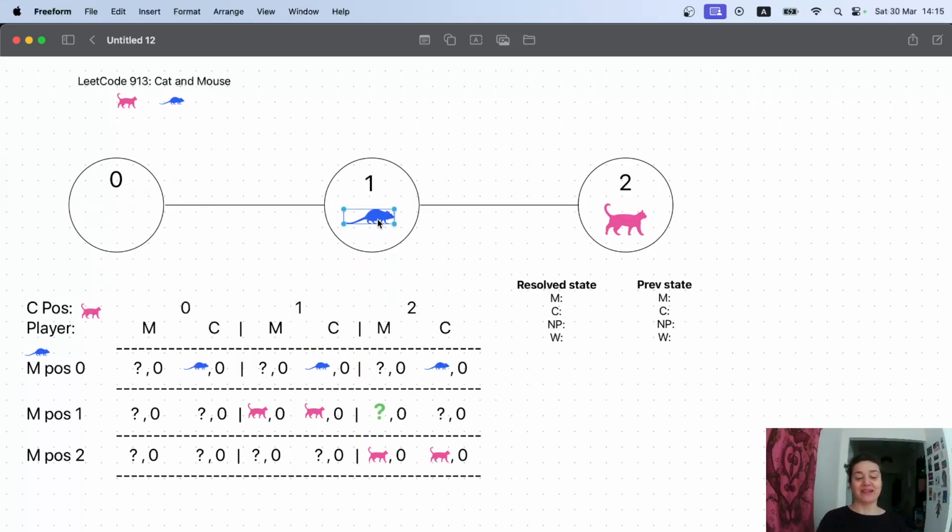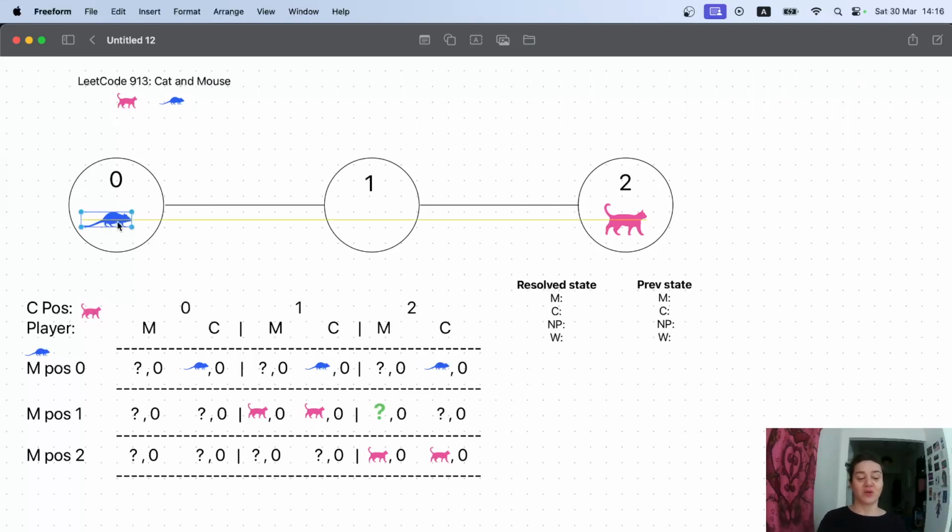This means that if the mouse finds himself at node 0, it is because he had just moved there. And if he had just moved, now it's the cat's turn. So while it doesn't matter whose turn it is, in real life it's going to be the cat's turn, and it matters for performance. We were going only to talk about things that may happen.